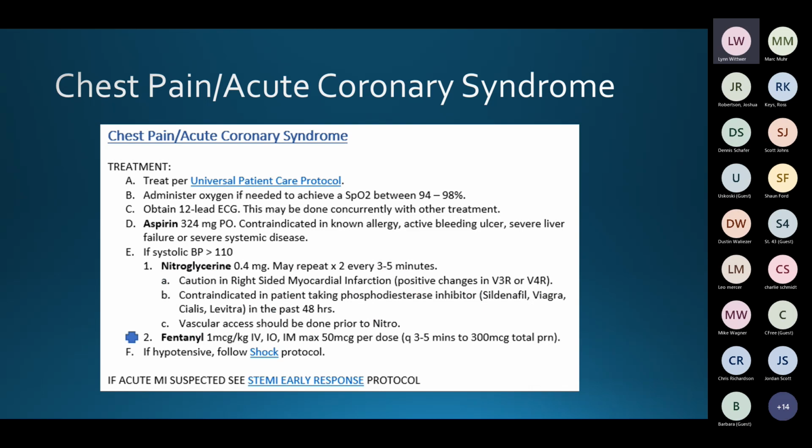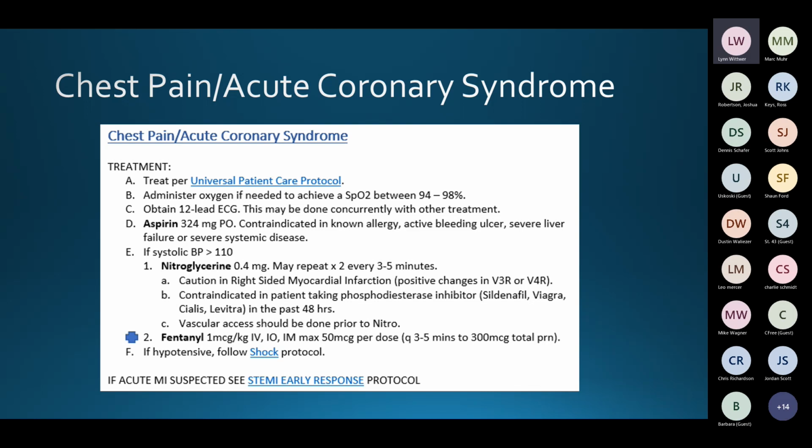Here's your Clark County protocol. Treat patients with chest pain suspected to be acute coronary syndrome. Universal patient care, administer oxygen if needed, to keep the O2 sats between 94 and 98. Get a 12 lead. This may be done concurrently with other treatment.